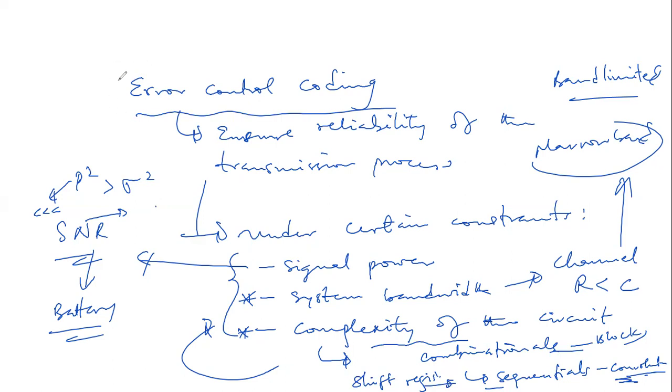So the need for error control coding becomes very important, so that no matter the noise within the channel, we should be able to maintain the integrity of what was transmitted. And the way to do that could either be through automatic repeat request or forward error correction.